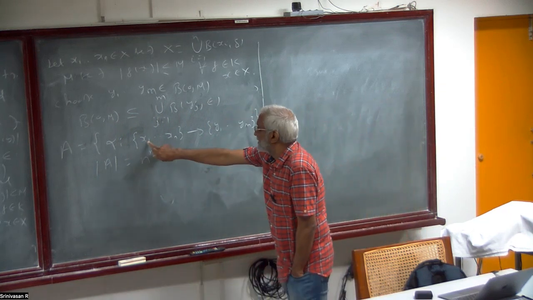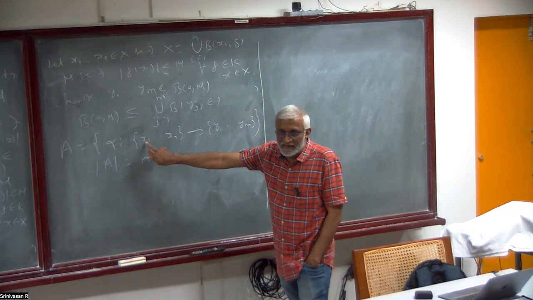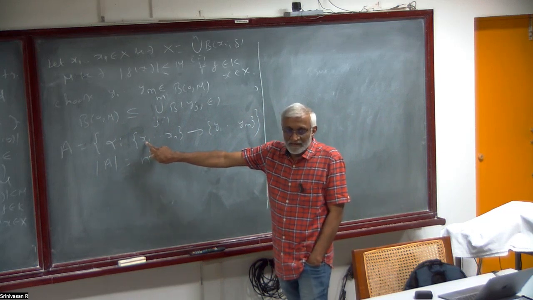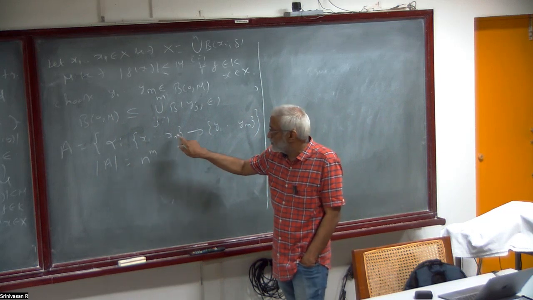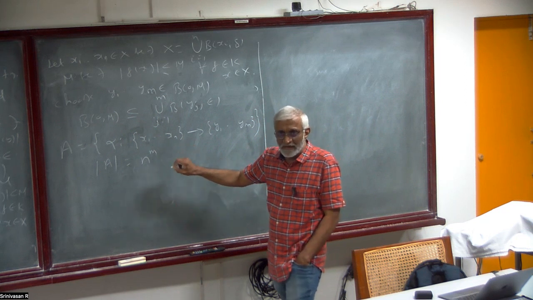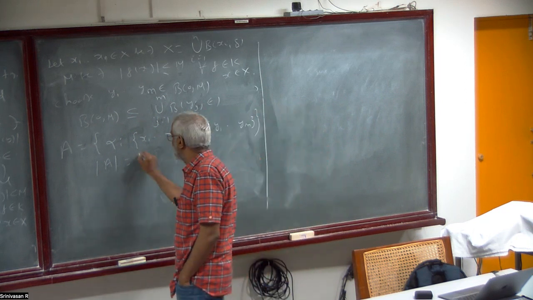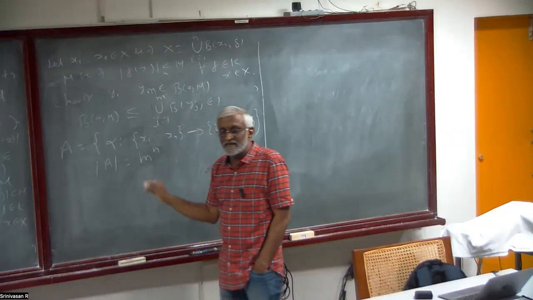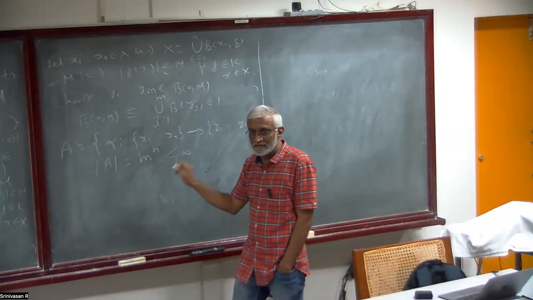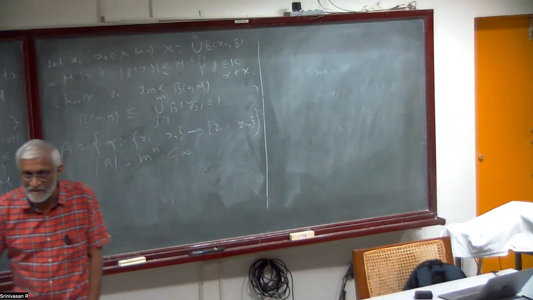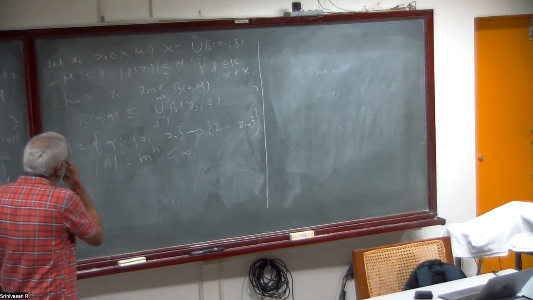You have to choose for each one of them. You can choose it in m ways. Everything can be chosen in m ways. So it is m to the power n. Doesn't matter. It is finite. That's what we want. For us, there are finitely many functions. That's what we want.